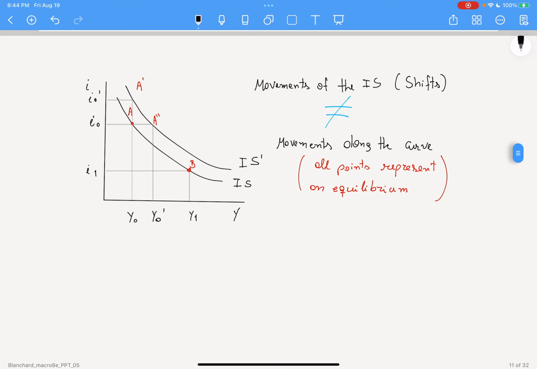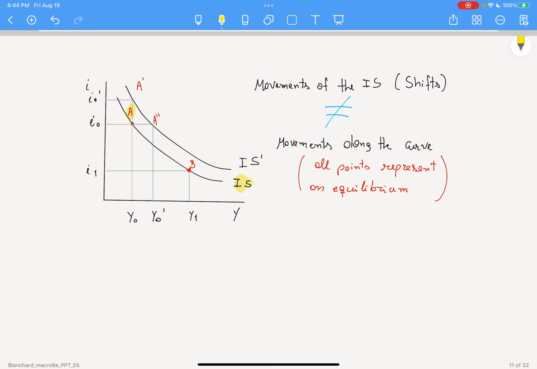I have something that's very important here. Either in micro or macro, you have to differentiate between what is a movement of the curve, which is considered a shift, and what is a movement along the curve. Well, let's start with this point A here. In point A, we have this given IS.